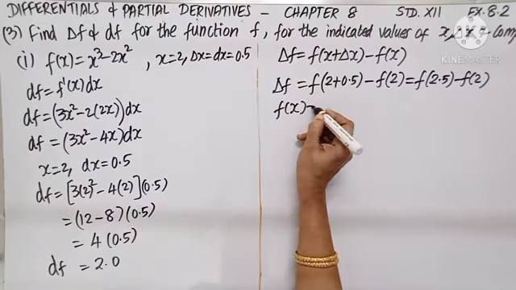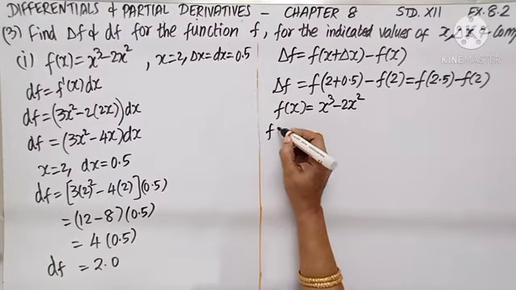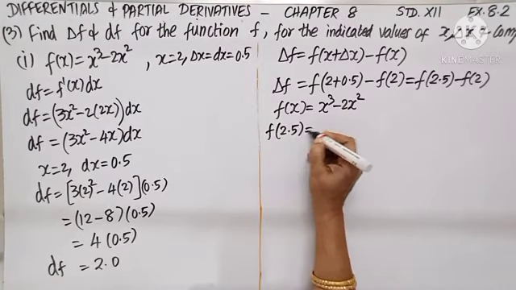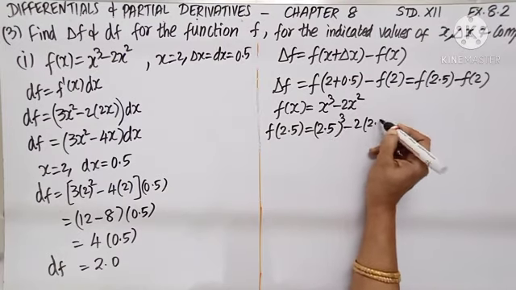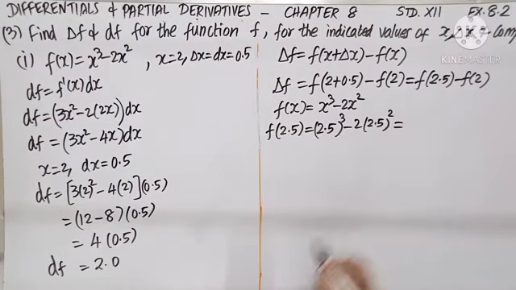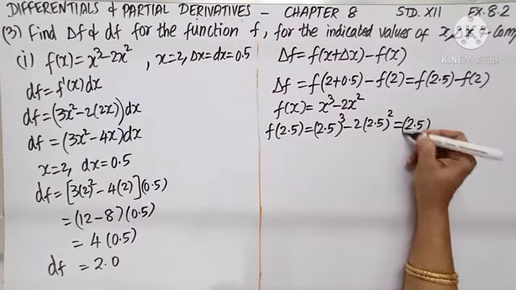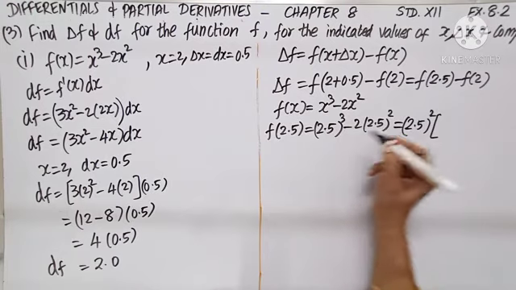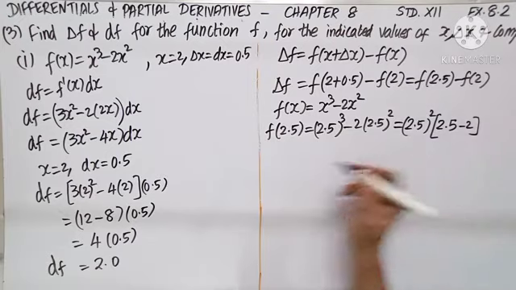What is f of x given? x cube minus 2x square. f of 2.5 is 2.5 the whole cube minus 2 into 2.5 the whole square. 2.5 the whole square is common. Taking out, we are left with 2.5 minus 2.